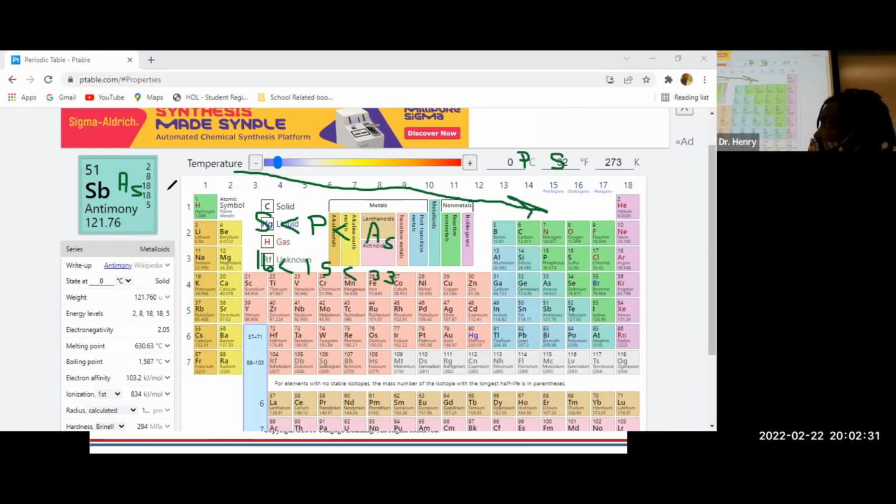And then it's going to decrease from top to bottom. So we'll say increase from bottom to top. So francium is going to have the lowest ionization energy, right? It's going to be like, just dropping electrons left and right. Are you guys with me?